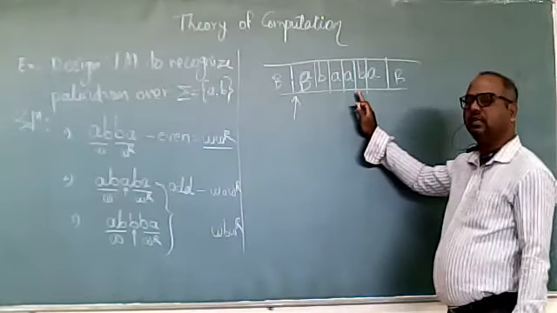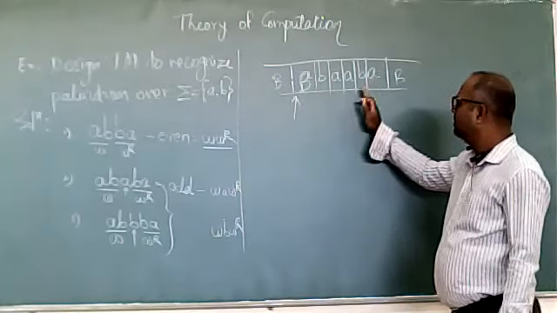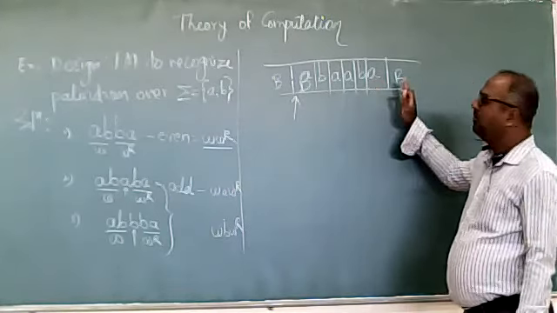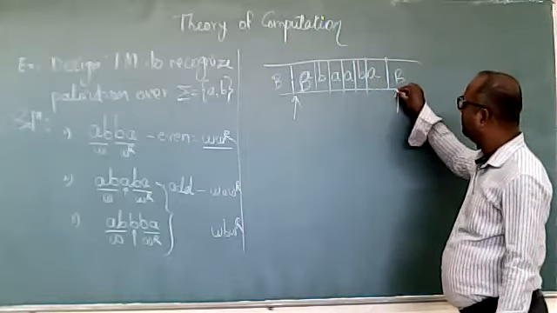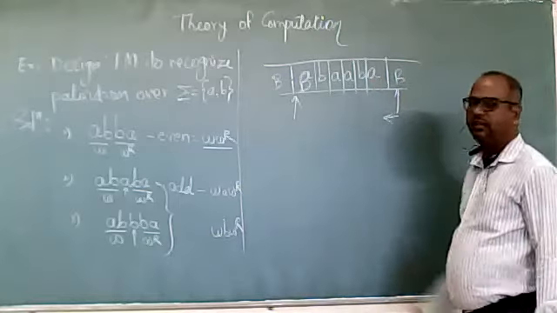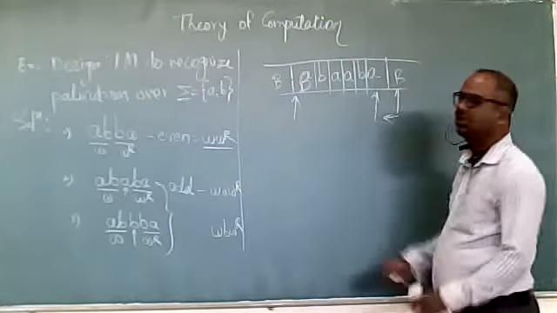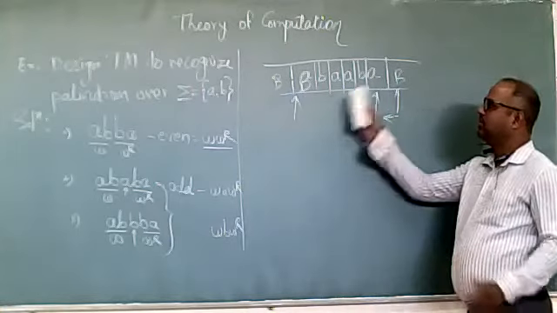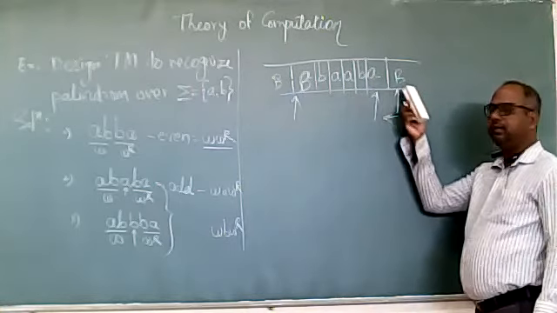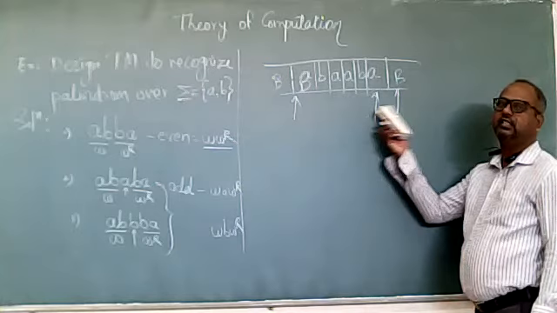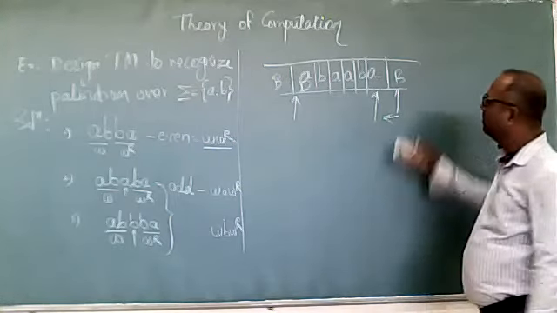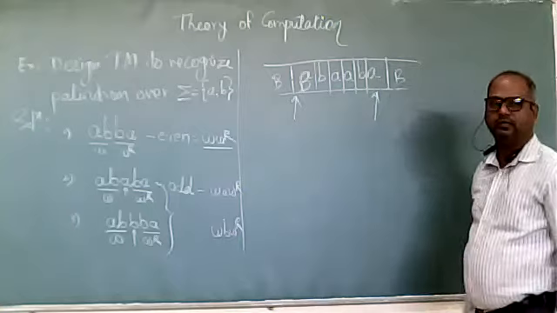So how to get the last symbol? Skip everything. When we get a blank, change the direction to left, and this will give you the last symbol.